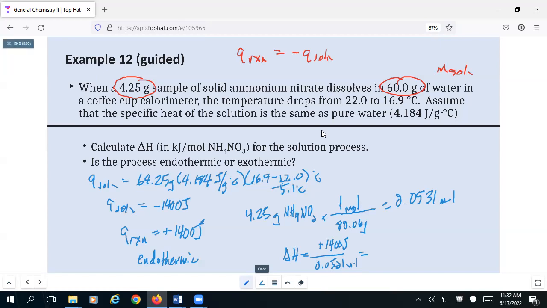To two significant figures, positive 26,000 joules, which would be the same as positive 26 kilojoules, both of those being per mole.